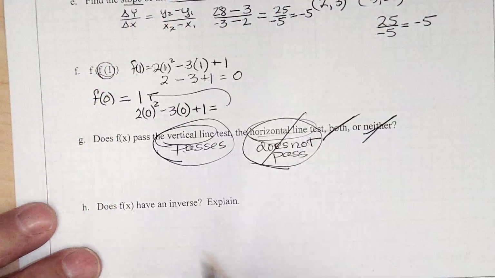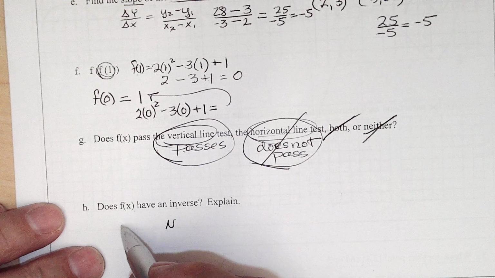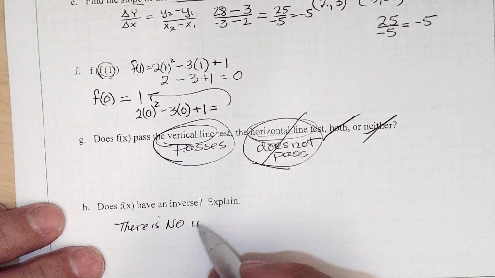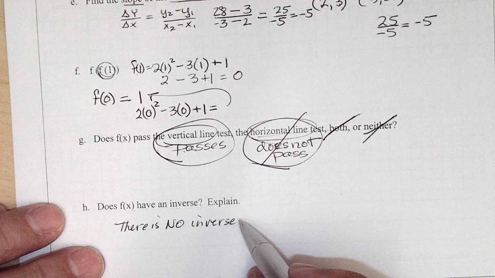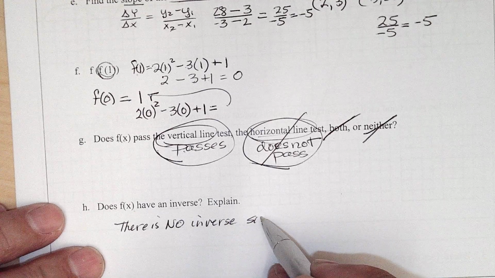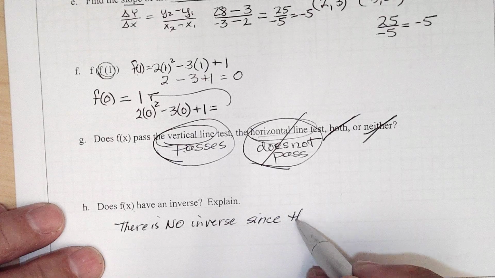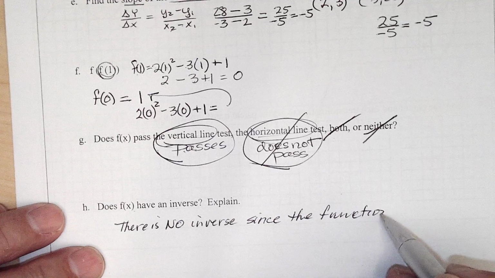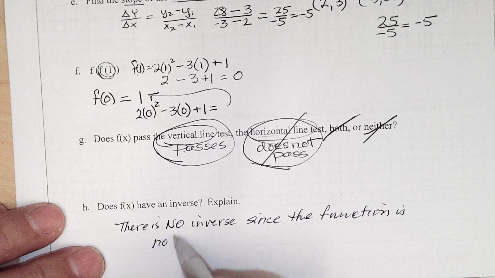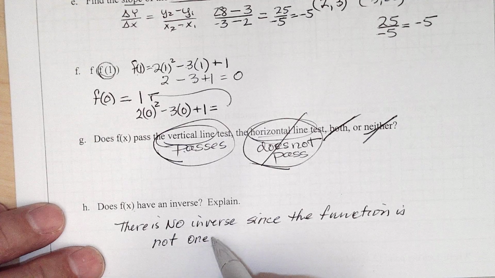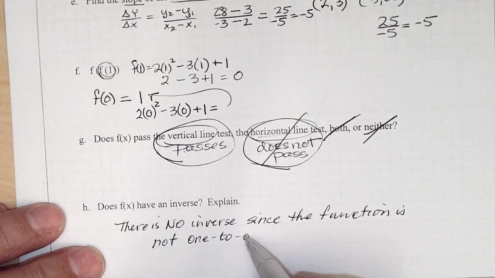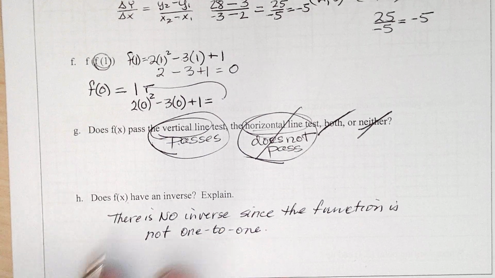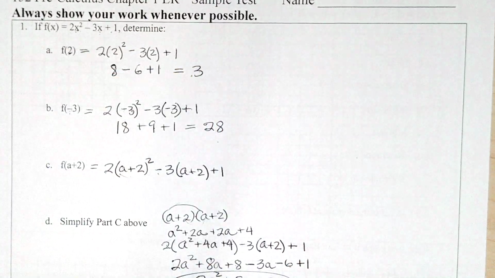Since this does not pass it, there is no inverse, since the function is not 1-to-1. For every x, there's one y, and for every y, there's one x. When you get a parabola, it's not 1-to-1.